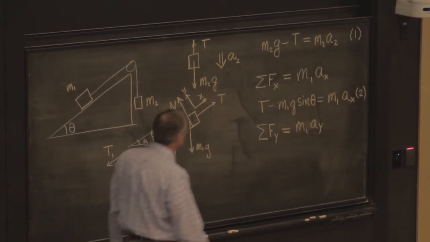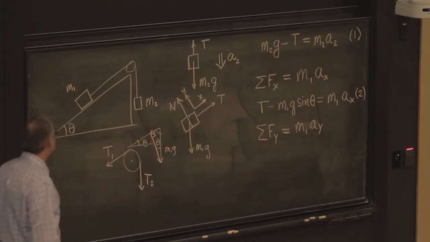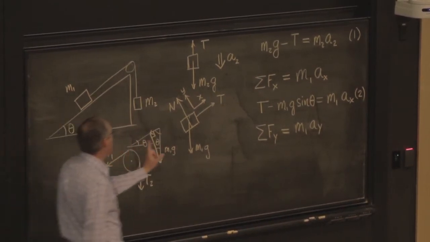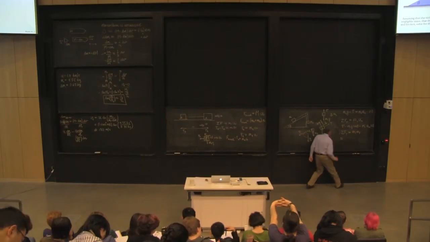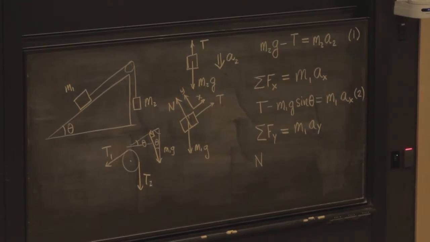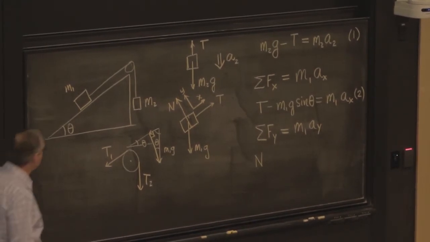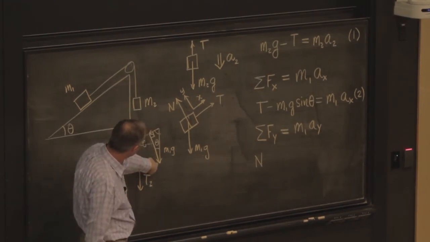I know that the acceleration in the y is going to be 0, but just for practice, let's do it anyway. I have y is positive that way, so I have n. And then I'm going to need a component of gravity. But now the component of gravity that's along the normal is this one.